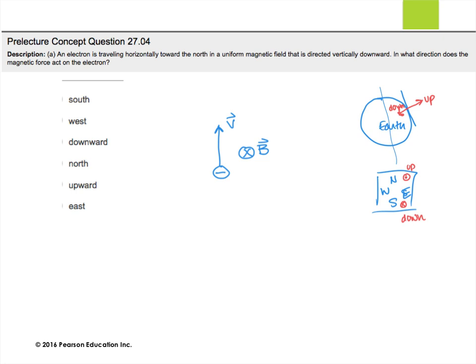So if I put my fingers in the direction of the velocity and I curl my fingers into the page, I get my thumb pointing to the left. But because this is an electron, the direction of the force is in the opposite direction. And so my force is actually to the east.